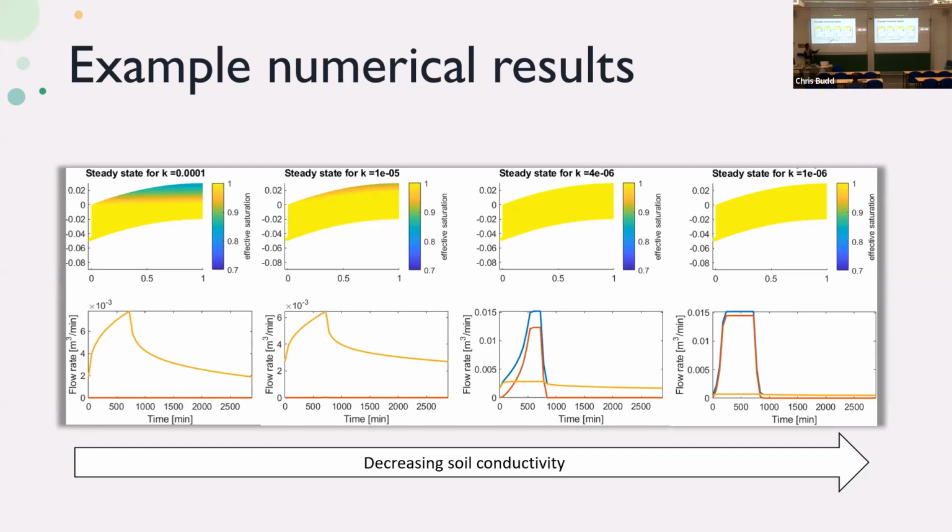At some point, when we have very low soil conductivity, the surface water starts to appear, which is marked by red peaks here, causing the peak flow after the rainfall to be much higher than the peak flow that we had for highly conductive aquifers.